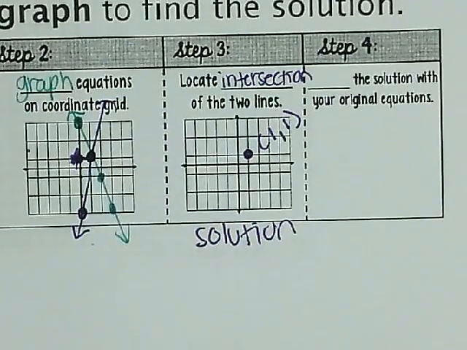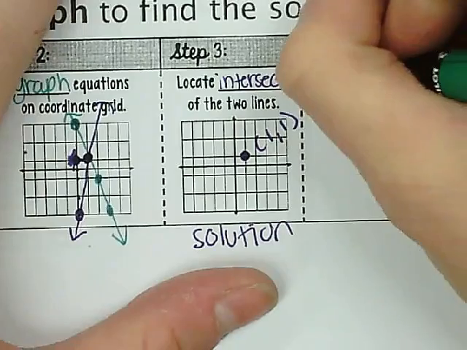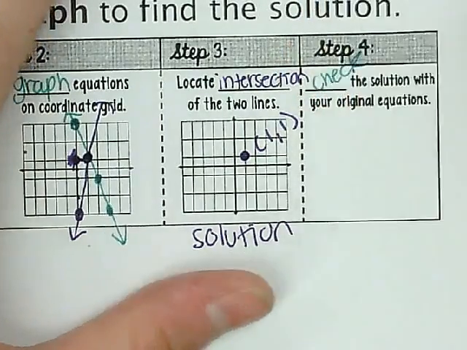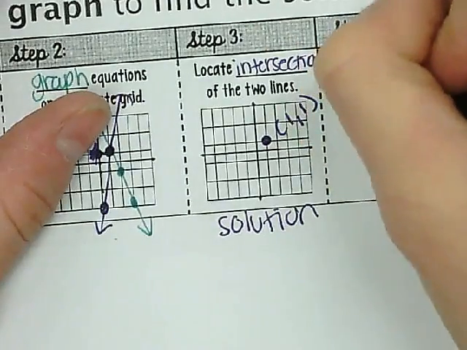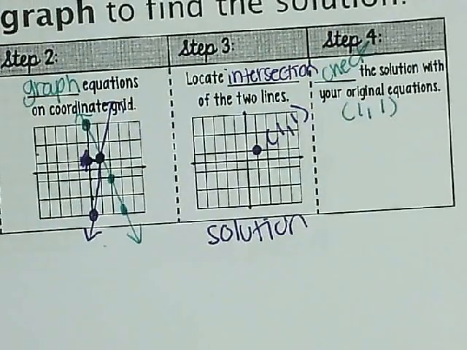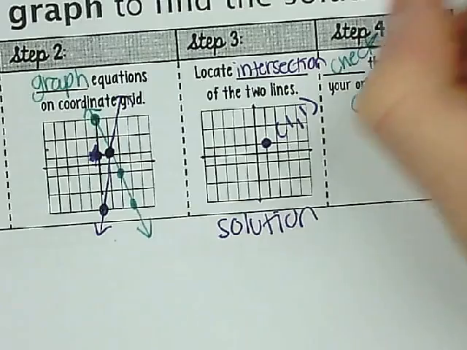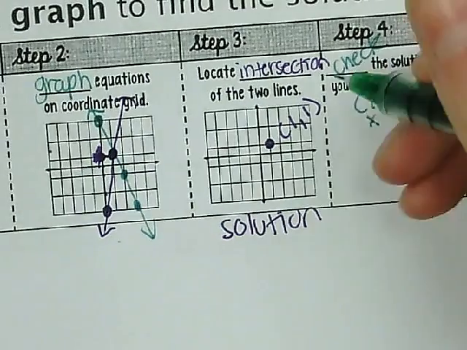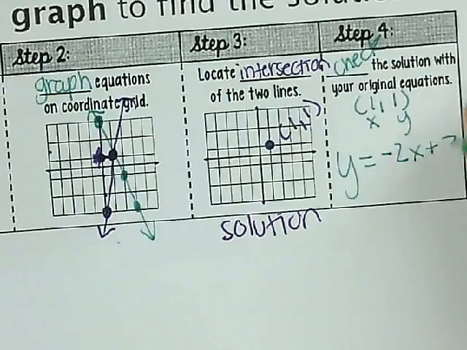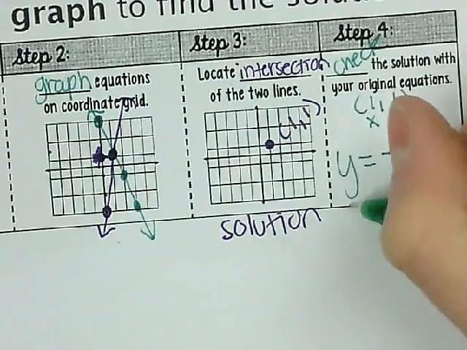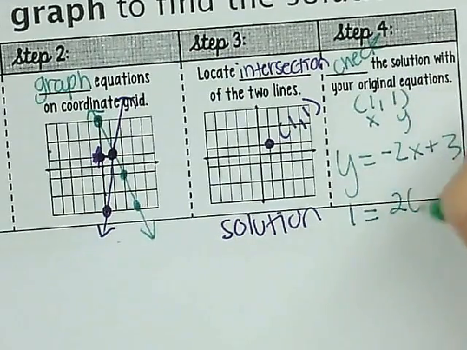All right, the last part is check yourself before you wreck yourself. So check the solution. Our point is 1, 1. So I'm going to plug in 1 for x and 1 for y in both problems. So y equals -2x plus 3. I'm going to plug in 1 for y and 1 for x.